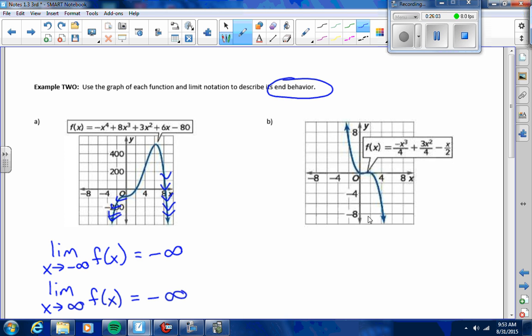On part B, the function f of x equals negative x cubed divided by 4 plus 3x squared divided by 4 minus x over 2. Again, I'm going to do the limit as x approaches negative infinity of f of x and the limit as x approaches positive infinity of f of x.